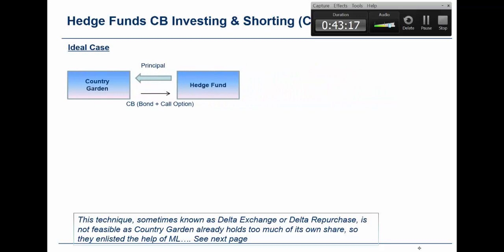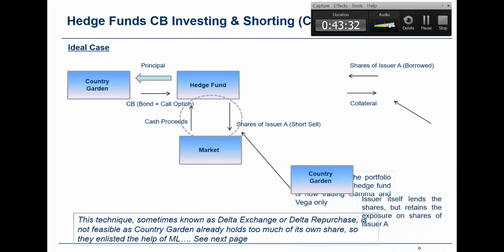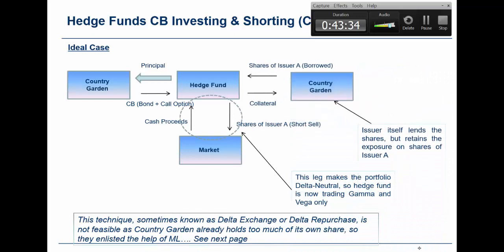In the Country Garden case, ideally, what you want to do is the hedge fund will buy the CB from Country Garden, and they can borrow shares from Country Garden here. Country Garden will lend them the shares that they can short sell in the market.